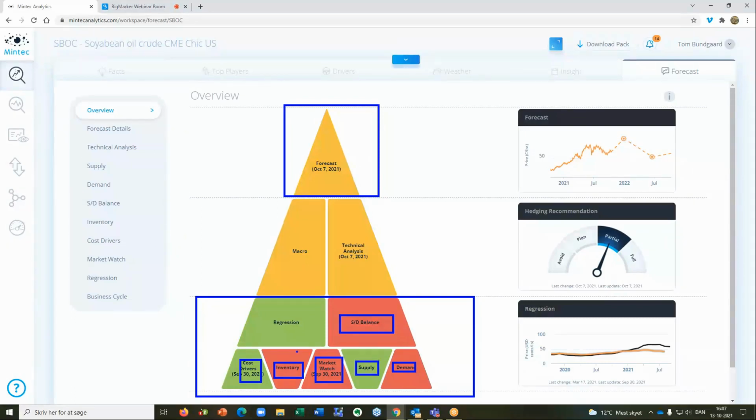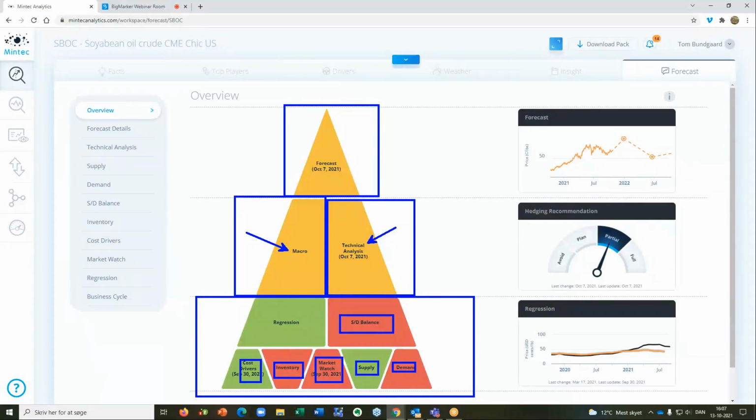But one model is not enough for us. We need desperately to have more models, and that's why we have mathematical, this is called technical analysis. It's a mathematical view of the price movements. And that's not enough. We need a macro view. We need to understand how this commodity reacts under certain macroeconomic conditions.